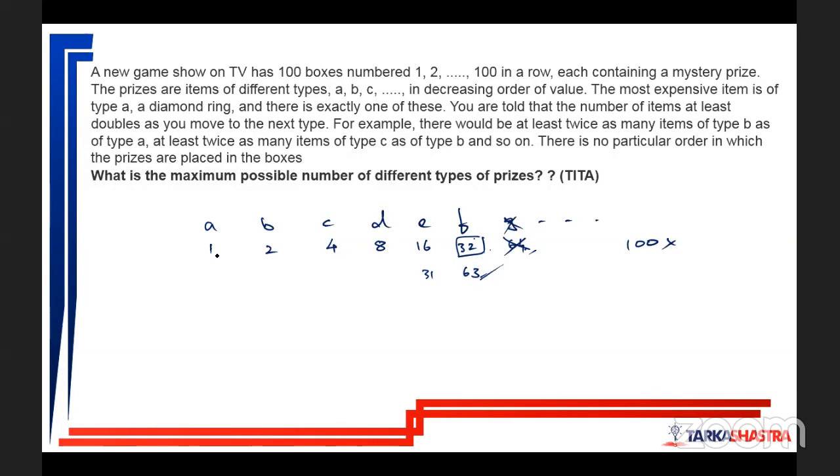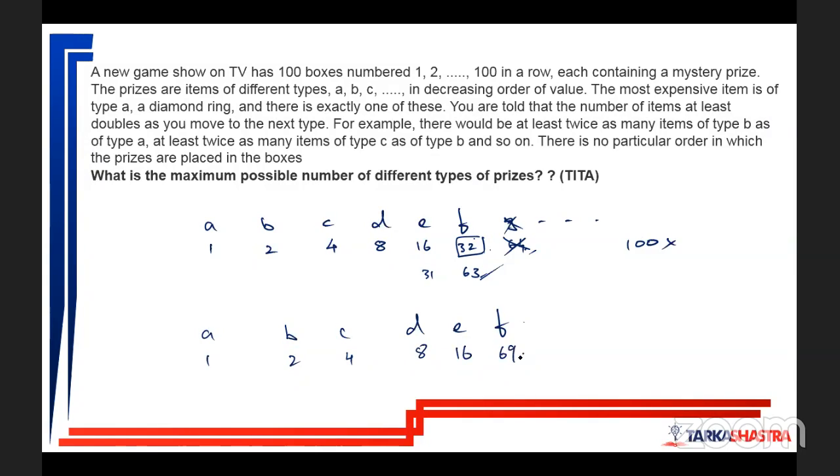So now what we can have is A, B, C, D, E, F. Maximum 6 different types of prizes, in which A can be 1, B can be 2, C can be 4, D can be 8, E can be 16, and F can be 69.